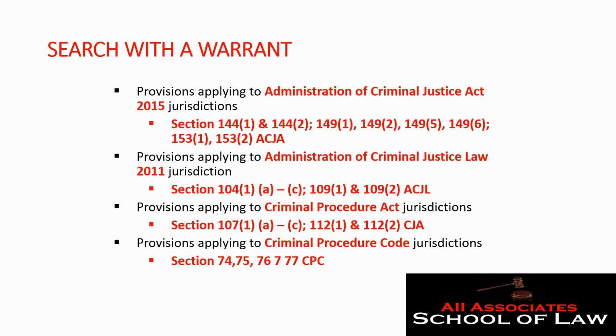For ACJL jurisdiction, see the following: Section 104, subsection 1, A to C, Section 109, subsection 1 and 2. For CPA jurisdiction, see the following: Section 107, subsection 1, A to C, Section 112, subsection 1 and 2.